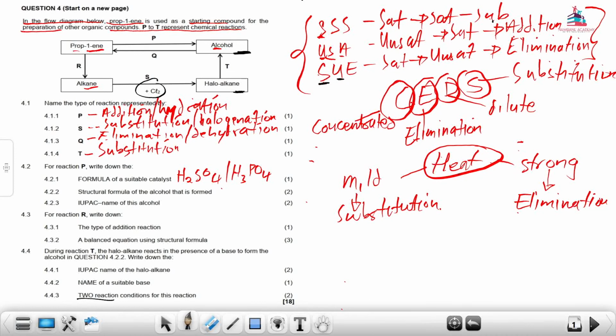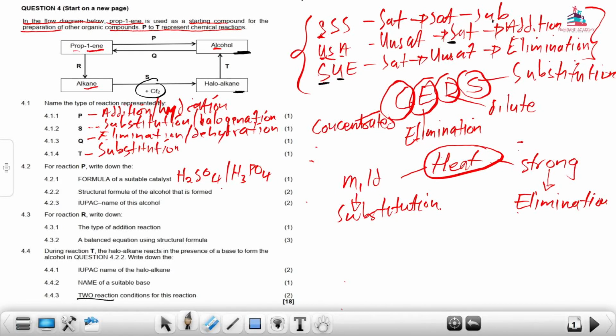The reason why I need an unsaturated molecule is because if I have that unsaturated molecule, I can add the hydrogen to it or break it down such that I can end up with a saturated molecule.